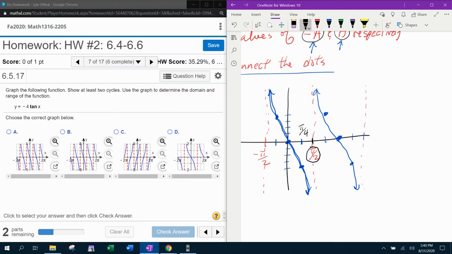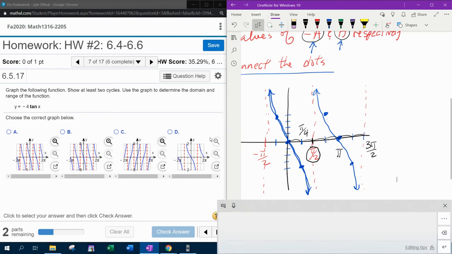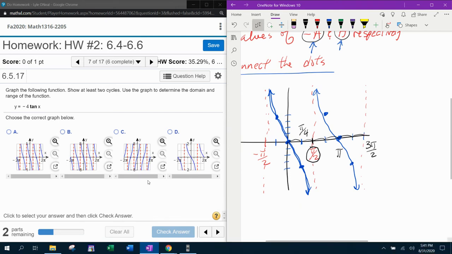So count with me. 1/4, 2/4, 3/4, 4/4, which would be pi. 5/4, 6/4 would be 3 pi over 2, would be where the next asymptote goes. And then you can keep doing copy and paste and getting these answers, okay? So there's the graph. And then notice for this problem, I don't actually have to graph it. I just have to pick the correct graph.